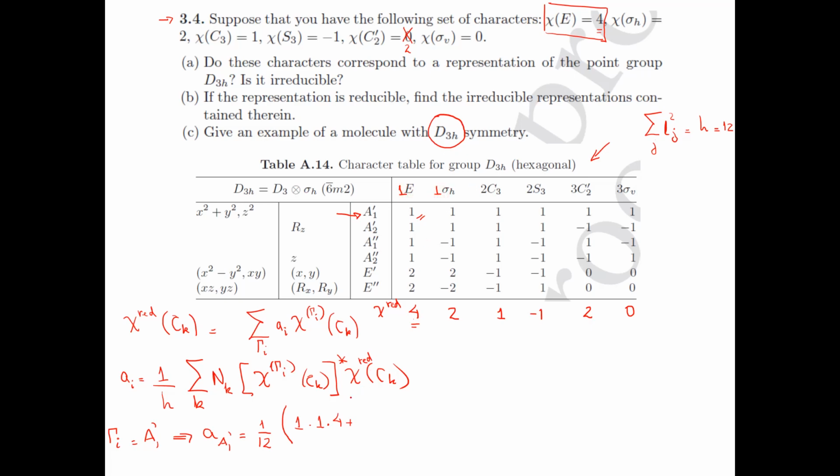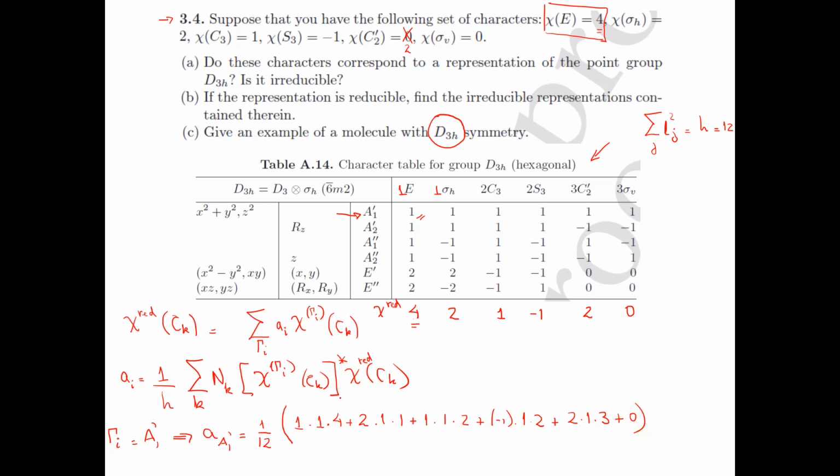Okay, so the first term is 1 times 1 times 4. The second one is 2 times 1 times 1 plus 1 times 1 times 2 plus -1 times 1 times 2 plus 2 times 1 times 3 plus 0.